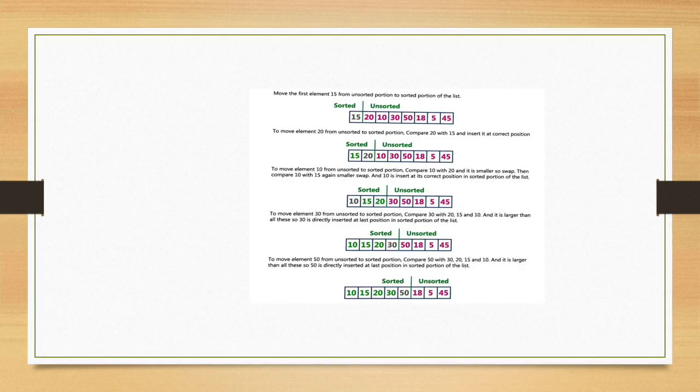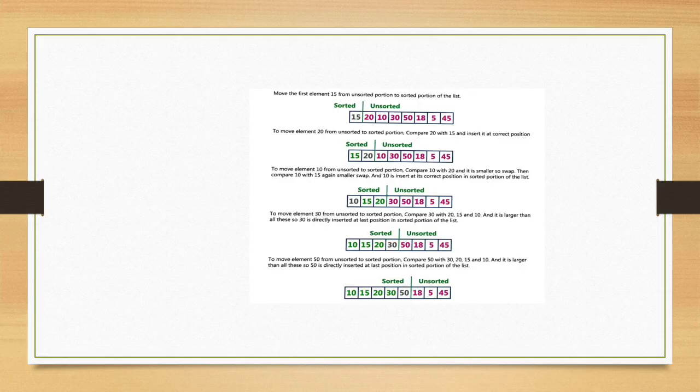Now we have the whole sorted list: 5, 10, 15, 18, 20, 30, 45, 50. We have sorted all the elements in ascending order, and the unsorted portion of the list has become empty.